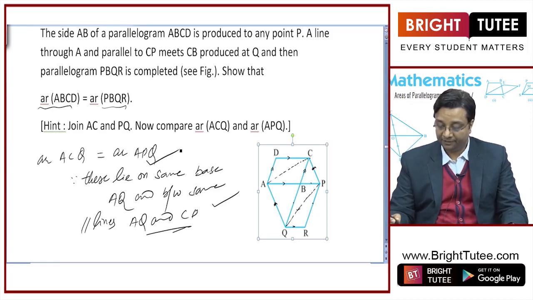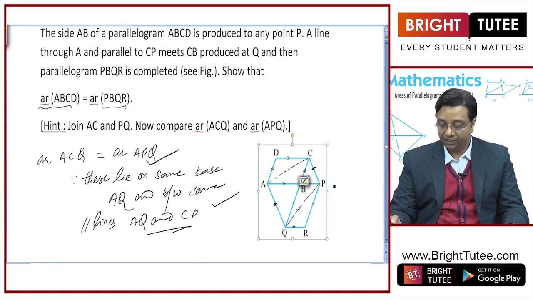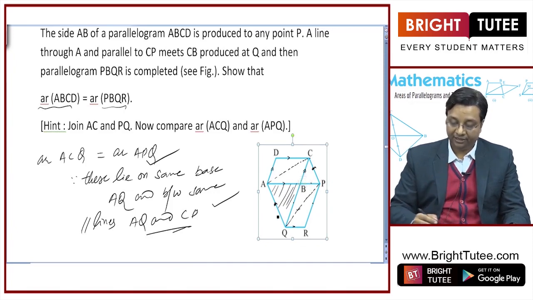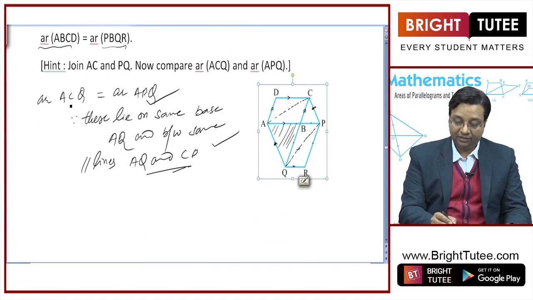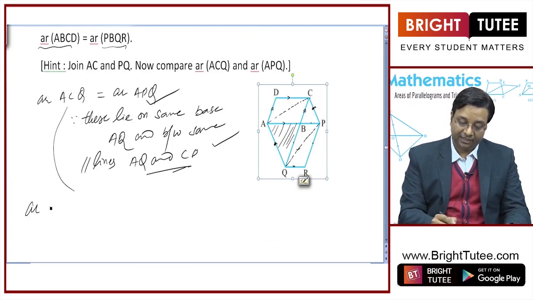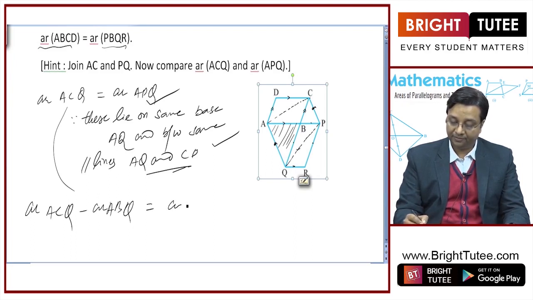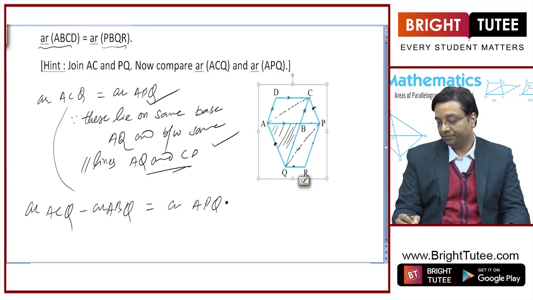Now what about this area? If area of AQC is equal to area of APQ, can I subtract from both sides this area ABQ? If I subtract area of ABQ from both sides, what will it give me?